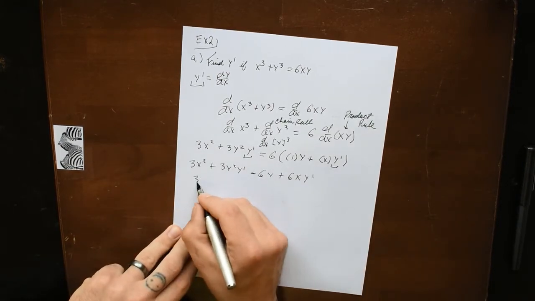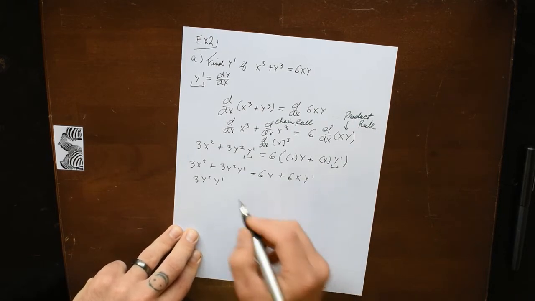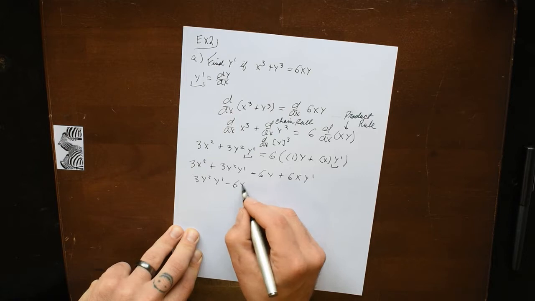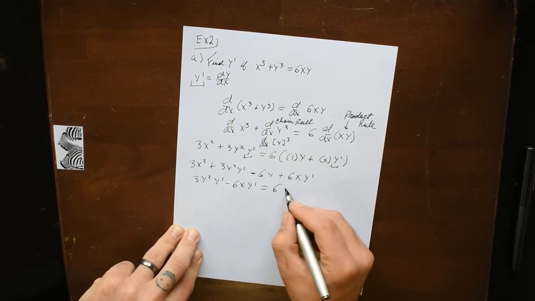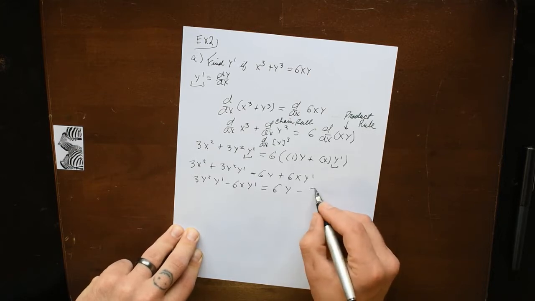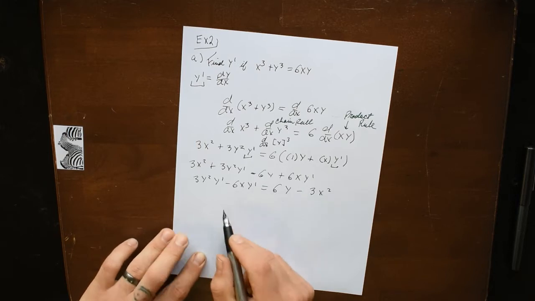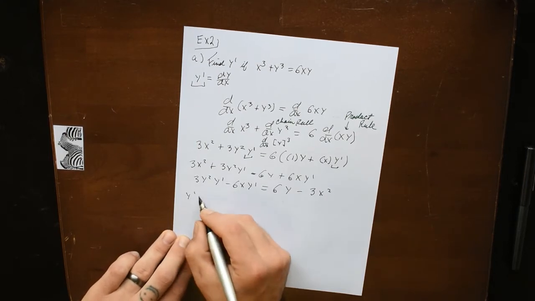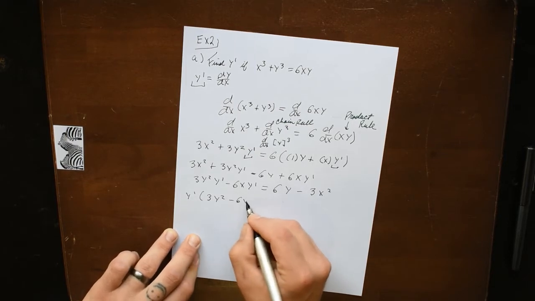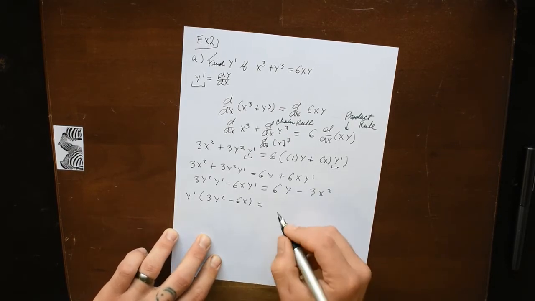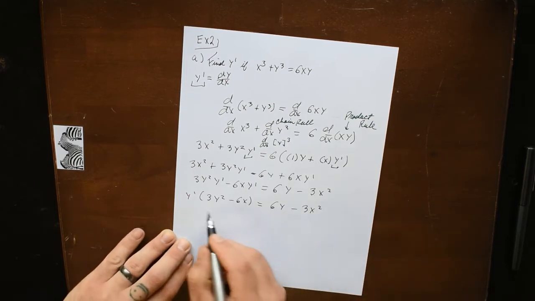I would get 3y squared y prime minus 6xy prime is equal to 6y minus 3x squared. We can factor out a y prime. Y prime times 3y squared minus 6x is equal to 6y minus 3x squared.